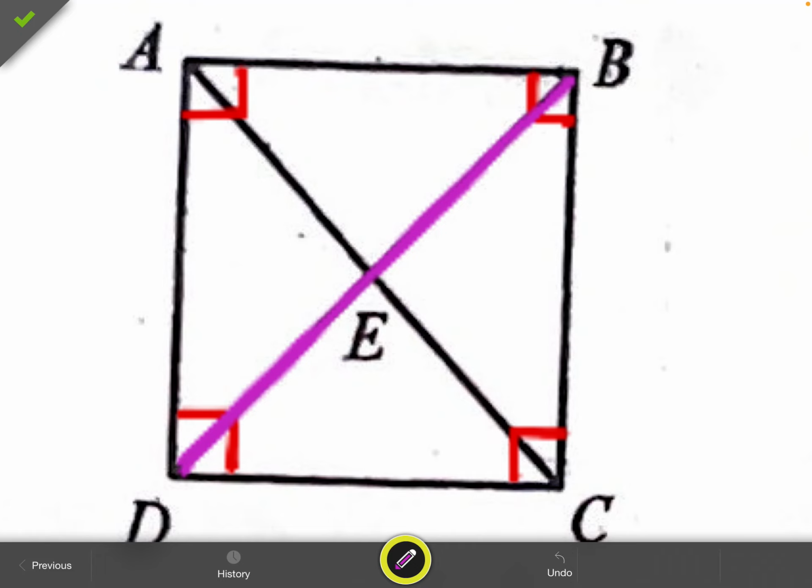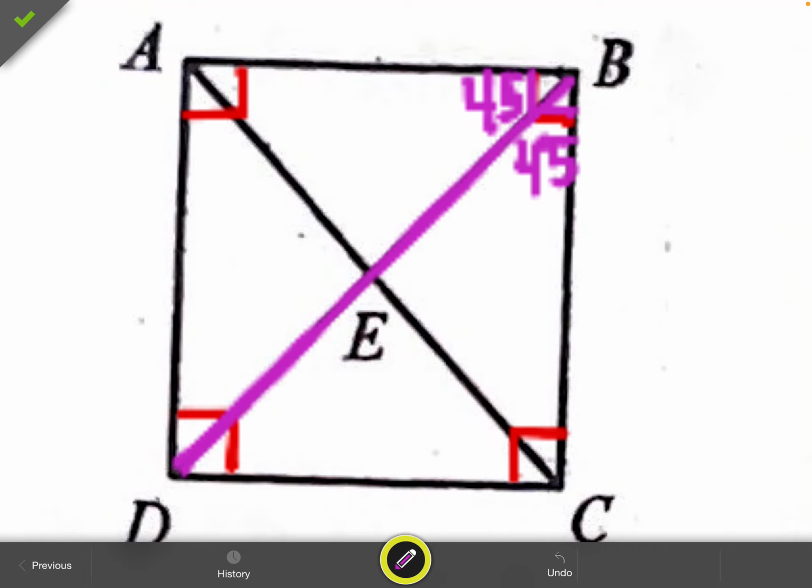Right, bisect means cut in half. So if we know this corner is 90, we can figure out what this piece and this piece is, because all we have to do is take 90 and divide it by 2. 90 divided by 2, 45, because diagonals bisect.